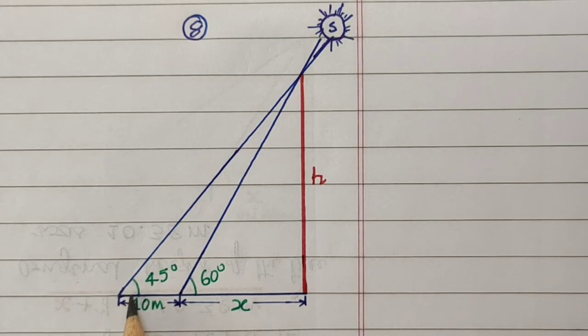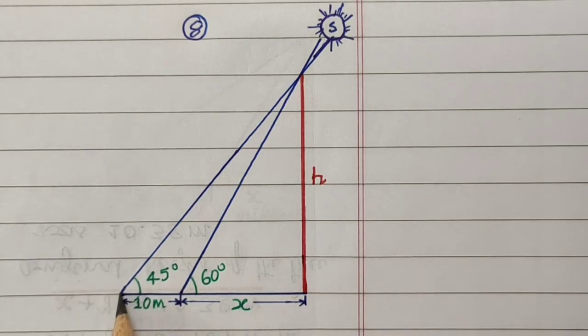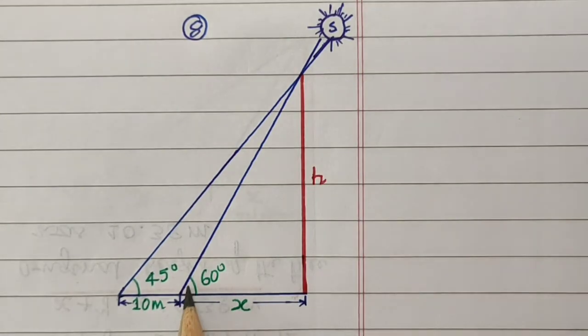When the elevation is 45 degrees, the shadow was here. This is 10 meters more compared to when the elevation is at 60 degrees, when the shadow was here. We need to find out the height of the tower.